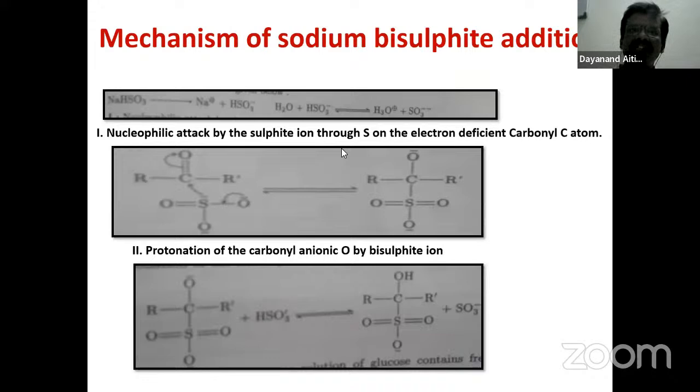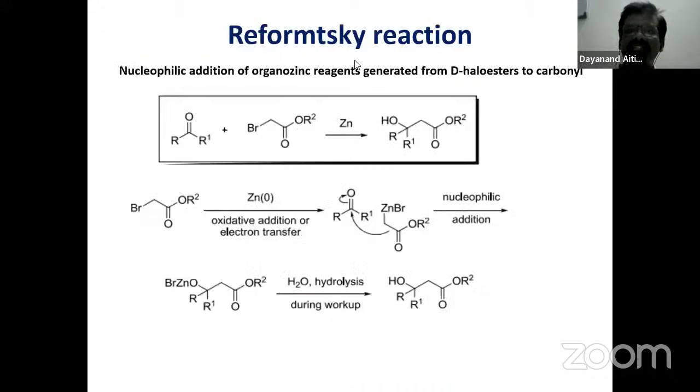Now let us see the important named reaction, the Reformatsky reaction. What is the Reformatsky reaction? Nucleophilic addition of organozinc reagents generated from haloesters to carbonyl compounds. Here it is known as an alpha haloester.